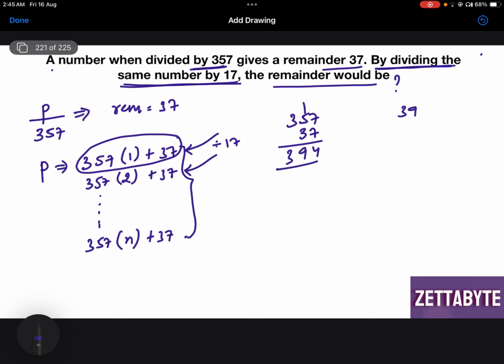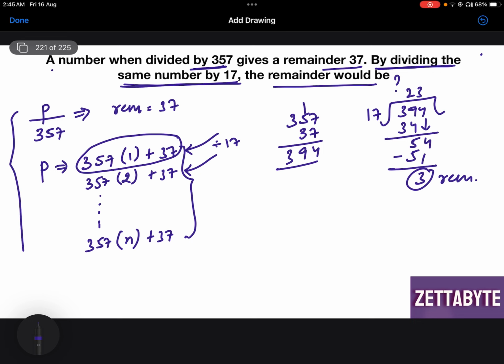When 394 is divided by 17, 17 times 2 is 34, remainder 5, bring 4 down. 17 times 3 is 51, which gives you 3 as a remainder. That's the answer.